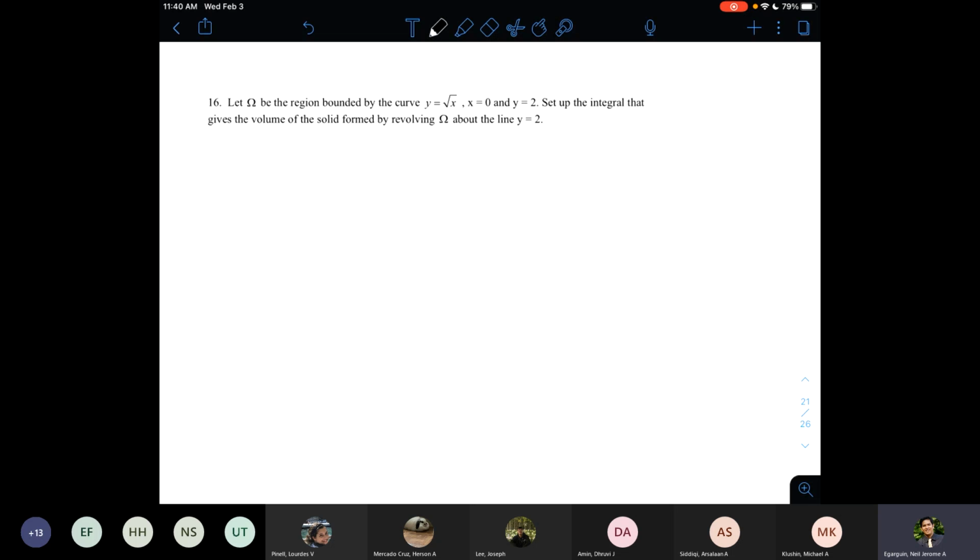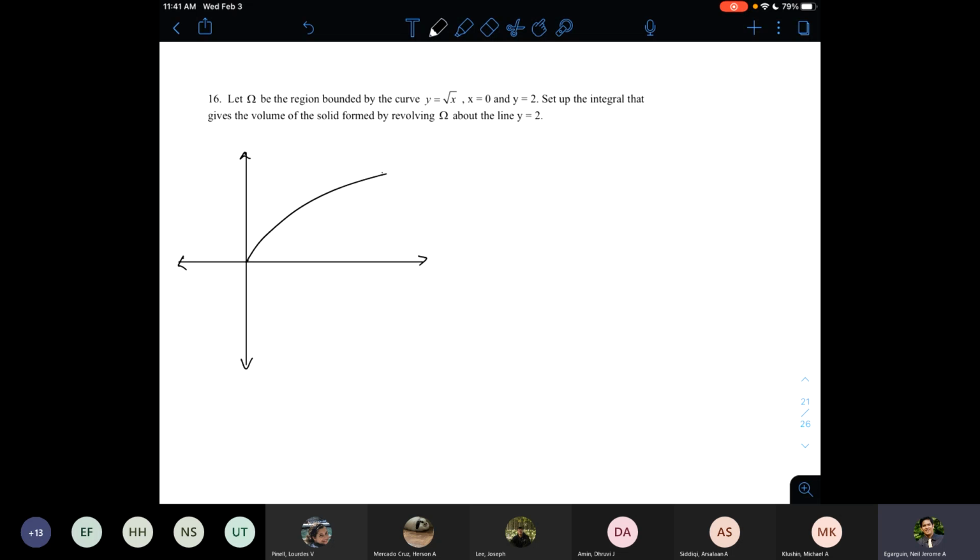Okay, let's try 16. So we have omega to be the region bounded by the curve y equals root x, x equals 0, and y equals 2. So let's start with the shaded region. y equals root x, that's just a semi-parabola like this.